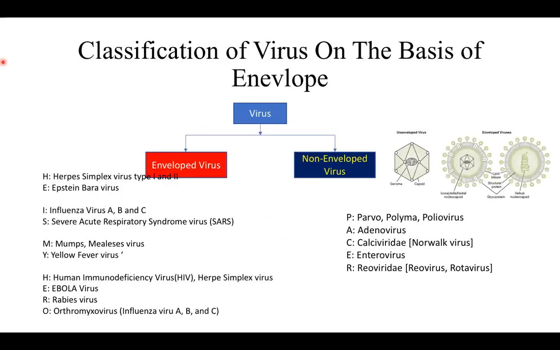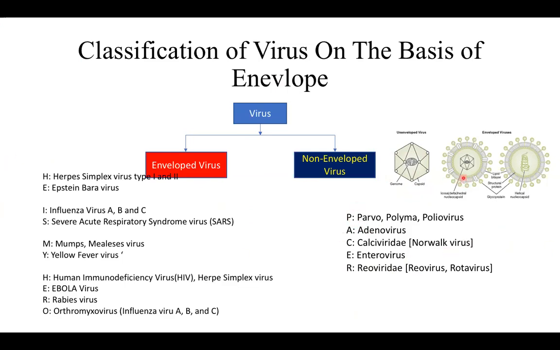Now, another method for the classification of a virus is based on the presence of an envelope. What is an envelope? The envelope is the outermost covering of a virus, unlike the cell membrane in human beings or the cell wall in bacteria. There is an outer membrane covering around the nucleocapsid of a virus, that is an envelope.